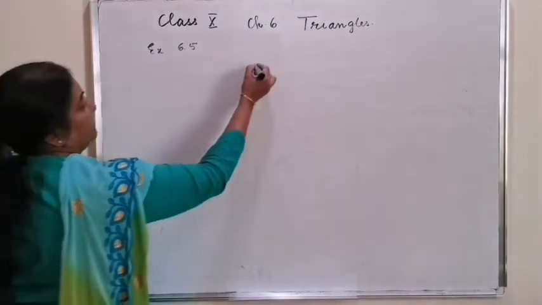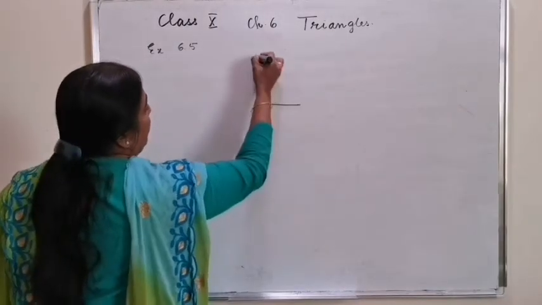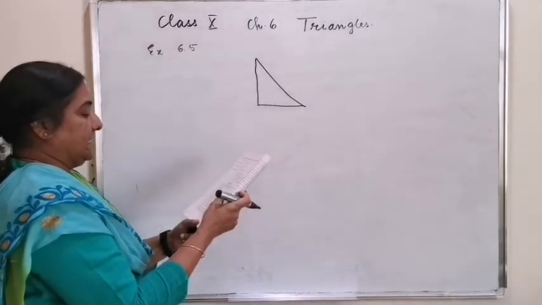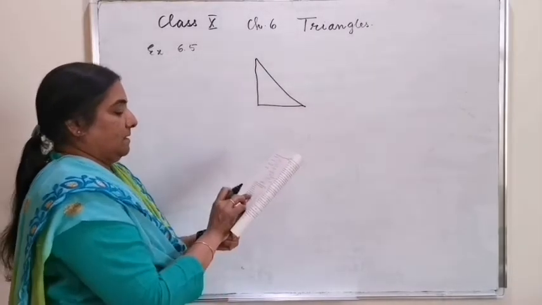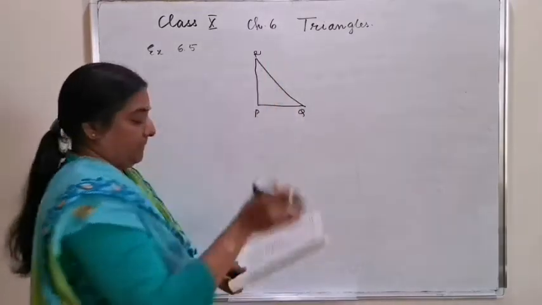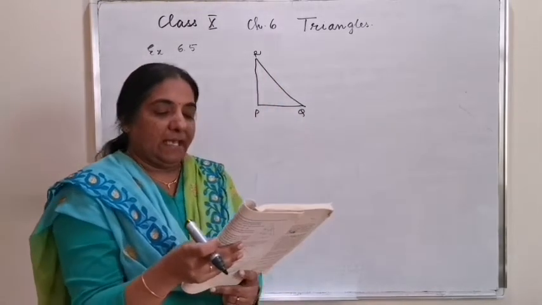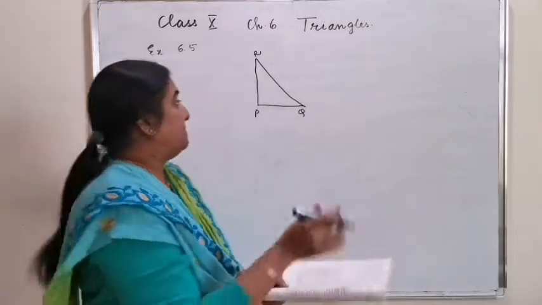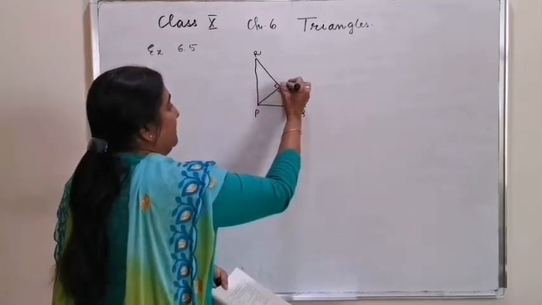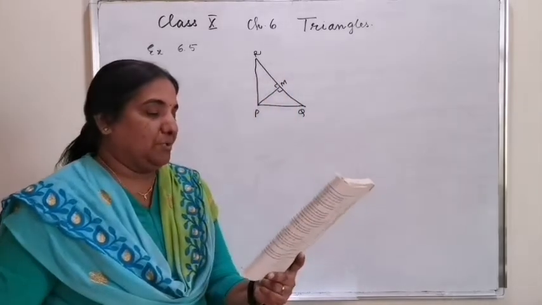PQR is a triangle, right angled at P, and M is a point on QR such that PM is perpendicular to QR.